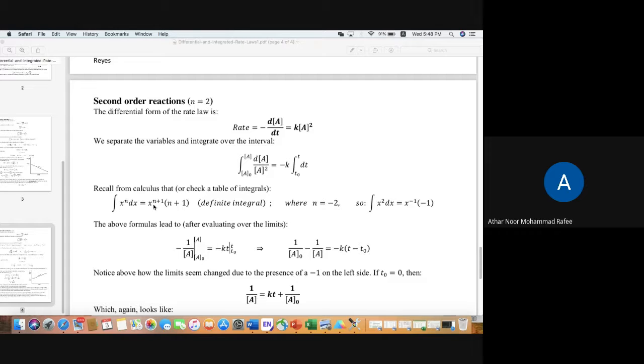Isn't the formula x to the power n plus 1 divided by n plus 1? It will be divided by n plus 1. Yes, sir. So far as I know it will be n plus 1. Okay, sir.